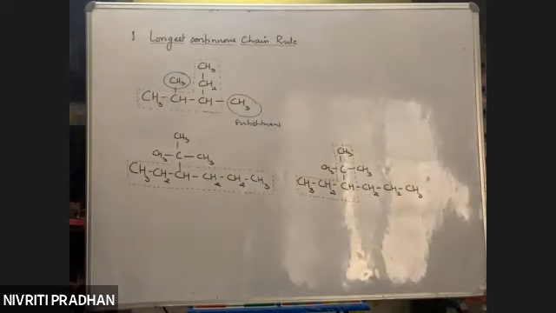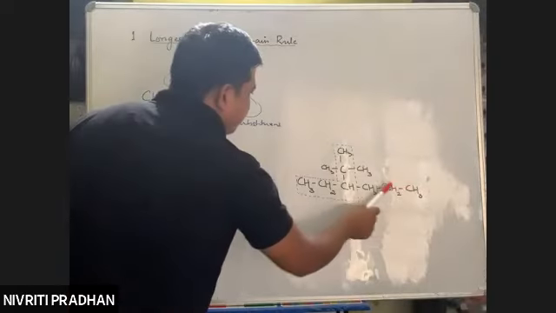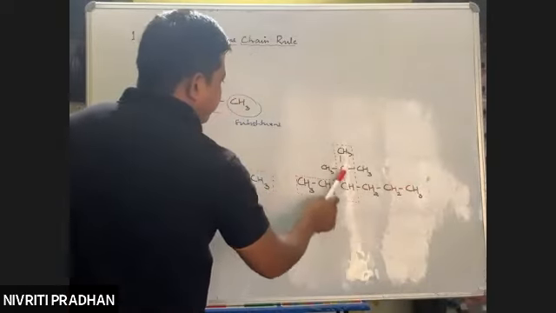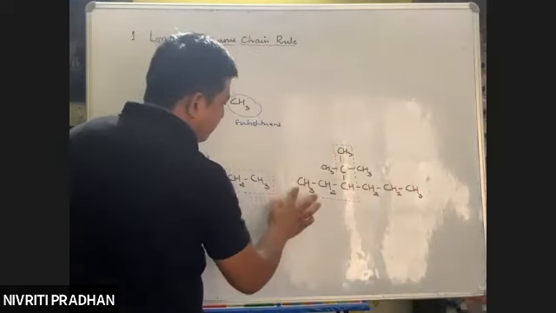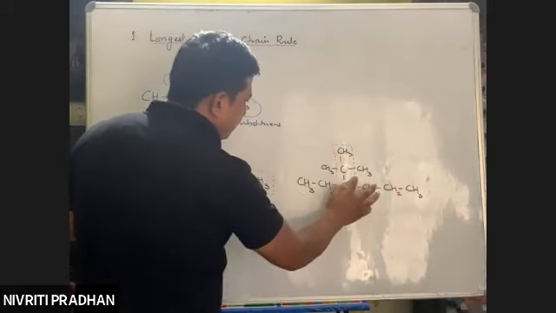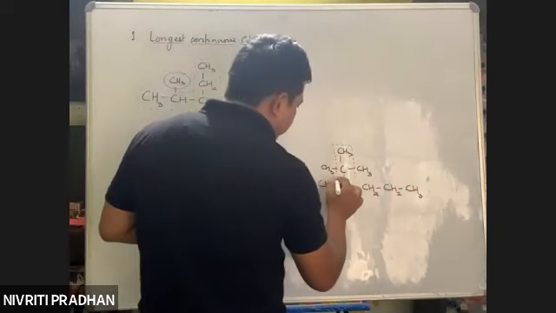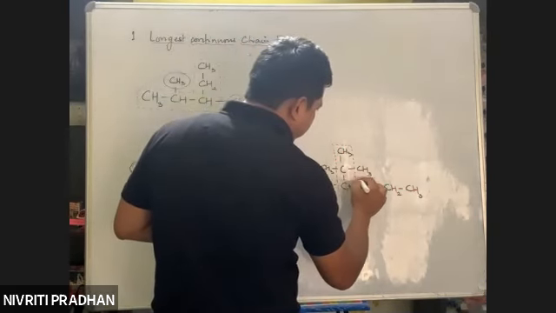Or 1, 2, 3, 4, 5, 6. Sorry, not this one. I'm so sorry, this contains only 5, so this should be the longest continuous chain of carbon atoms.